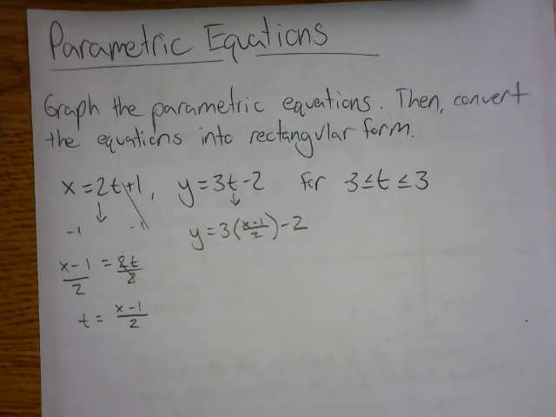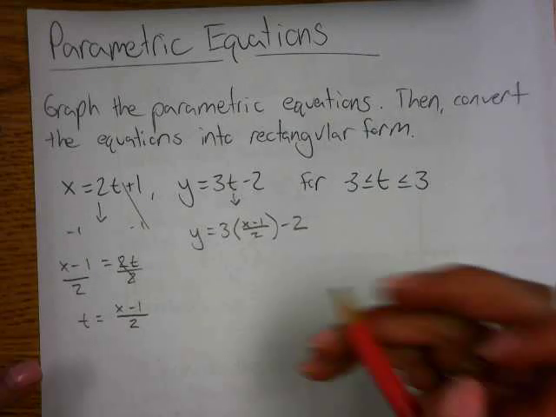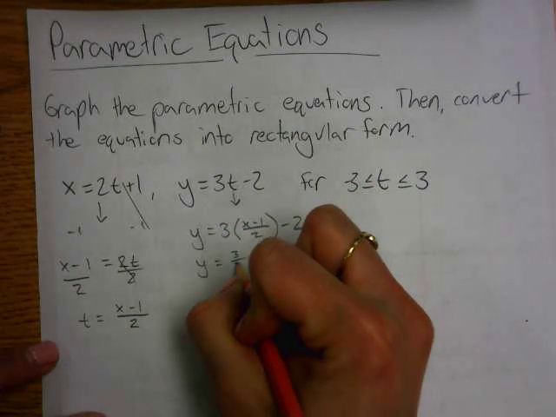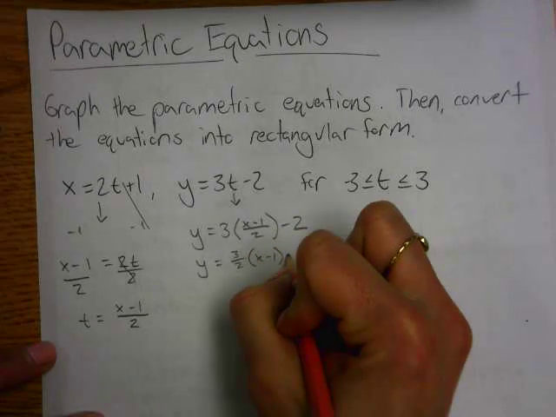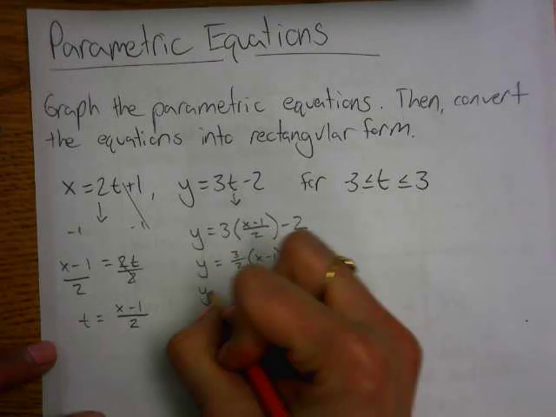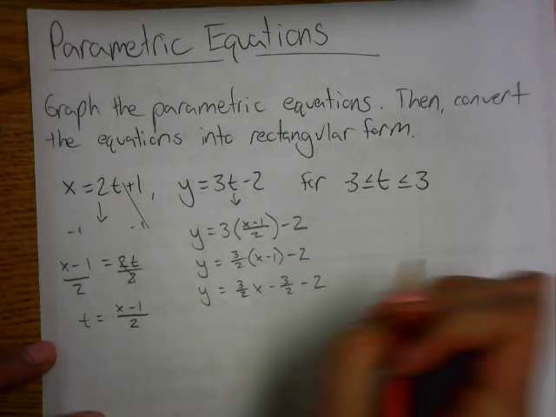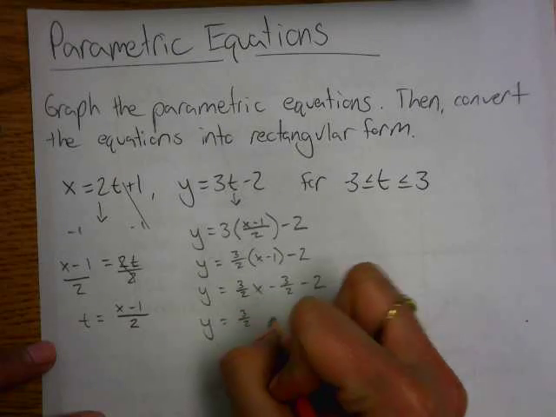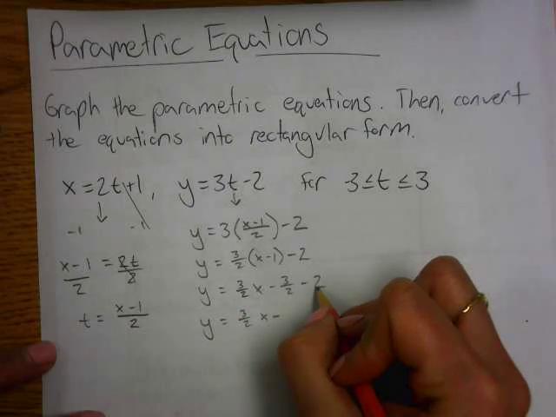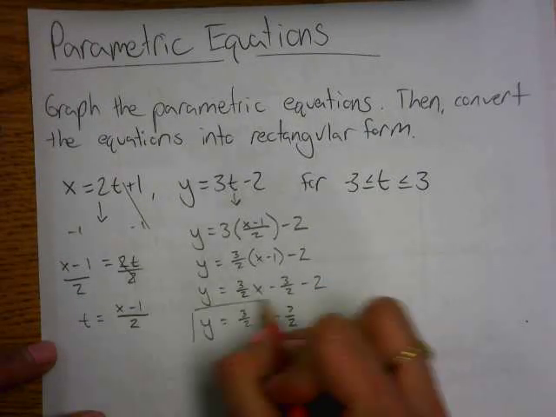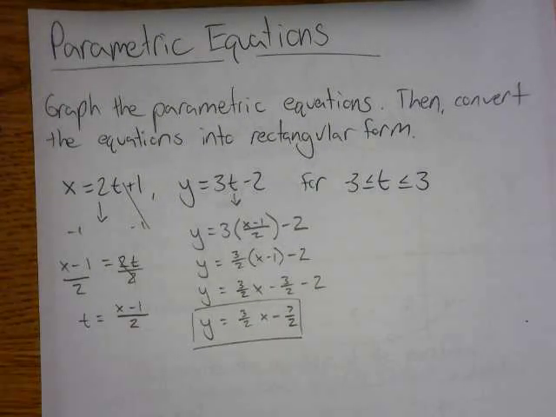If I want to simplify this a little bit to get the equation of a line in mx plus b form, I could say y equals 3 halves times (x minus 1) minus 2, and then distribute: 3 halves x minus 3 halves minus 2. And if I create a common denominator there, I'd have 4 halves, so I end up with -7 halves as my y-intercept. So this would be the equation of our line in rectangular form.